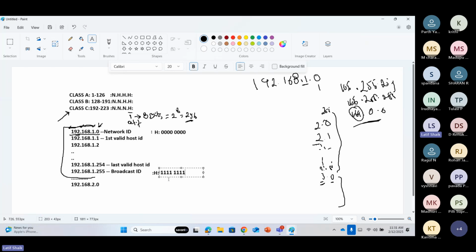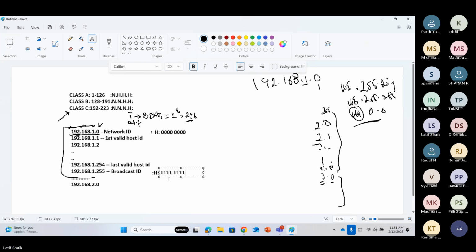254 is 7 ones and a 0. But here there are no zeros in the host portion. It means either no ones in the host portion or no zeros in the host portion, both are not valid. We can't assign either to any device.